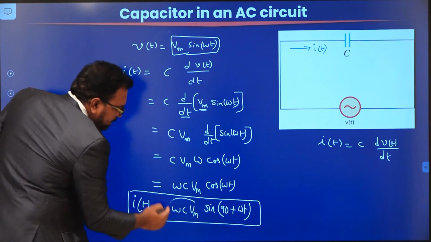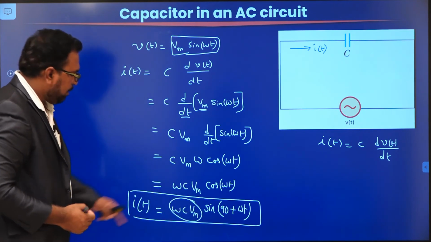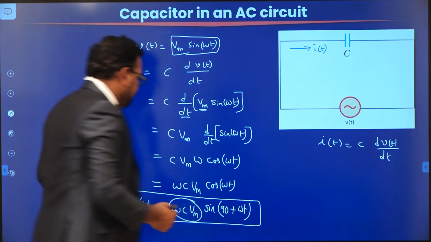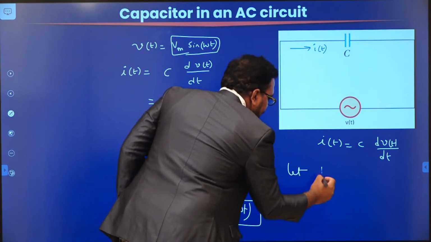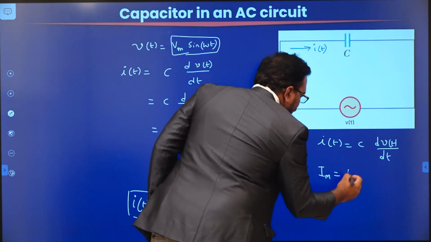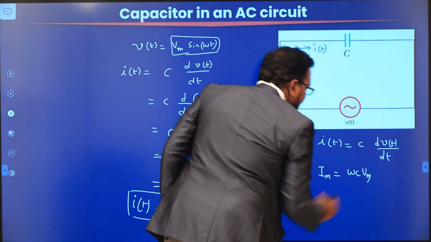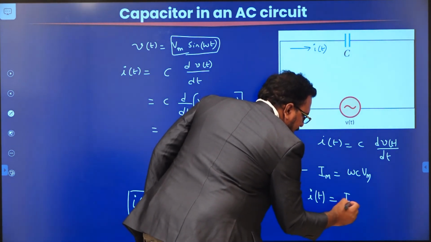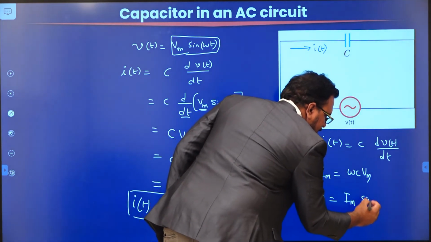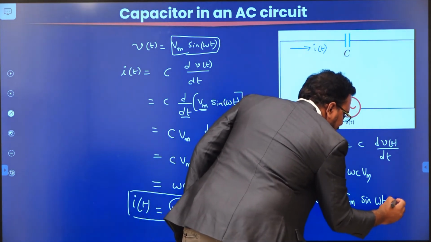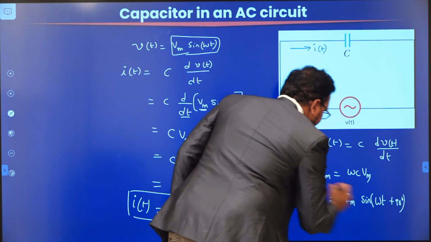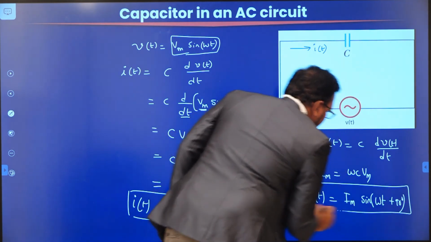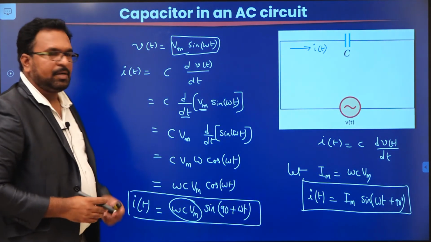And what is this omega C into Vm? That is the maximum value of current. So let Im equal omega C into Vm. Therefore the current expression can finally be represented as Im sin omega t plus 90 degrees. This is the final expression of current we have obtained.